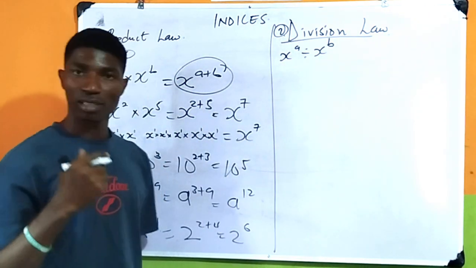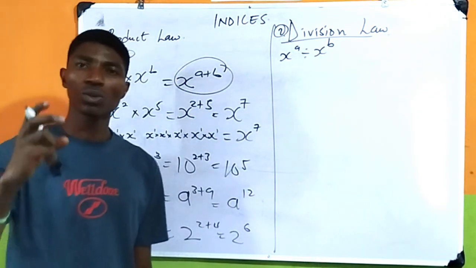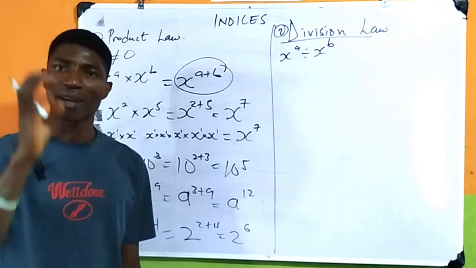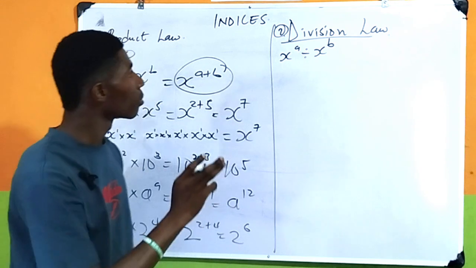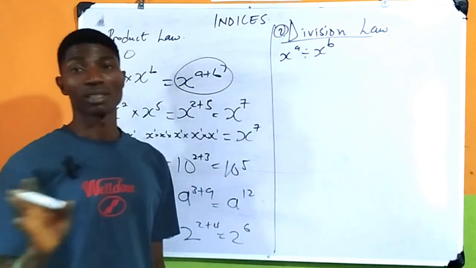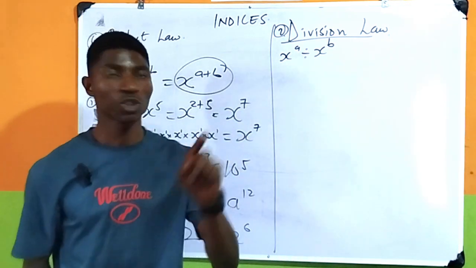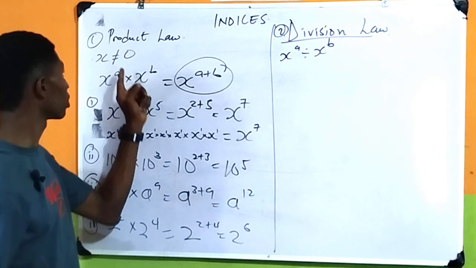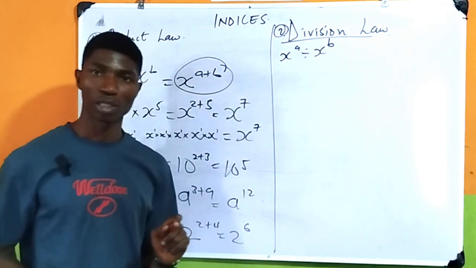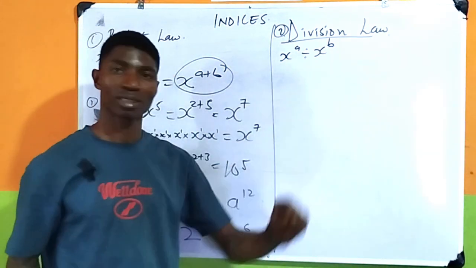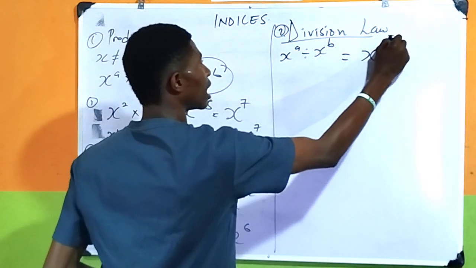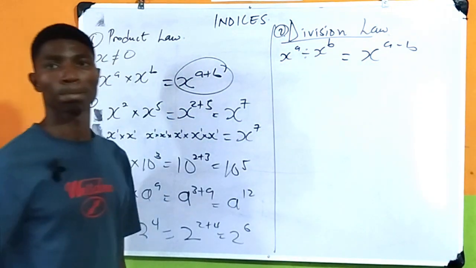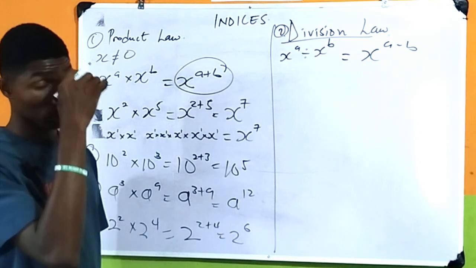The division law of indices says that when dividing two expressions which have similar bases, we subtract their exponents. But for multiplication, similar bases multiplying, we add what? Exponents. But for division, we subtract their exponents. So we have x power a minus b for division.